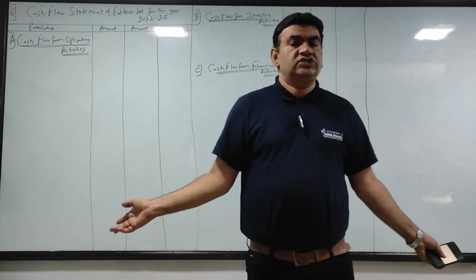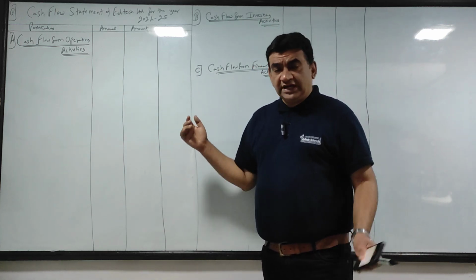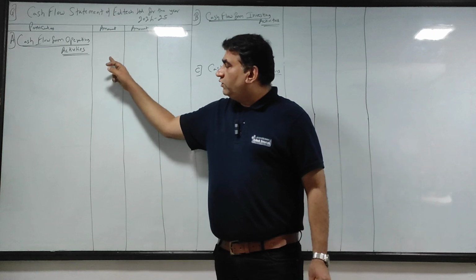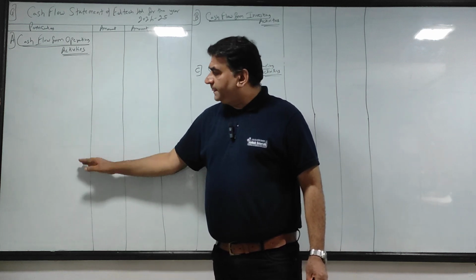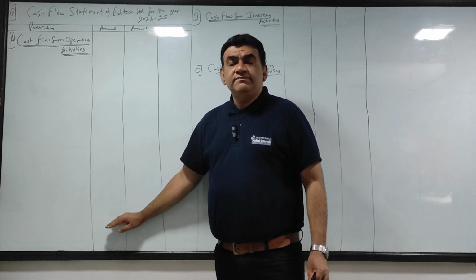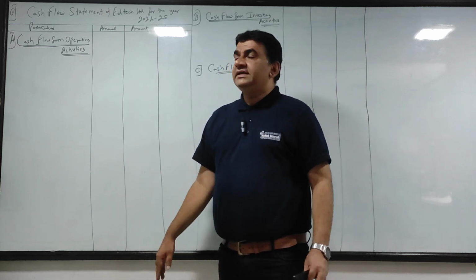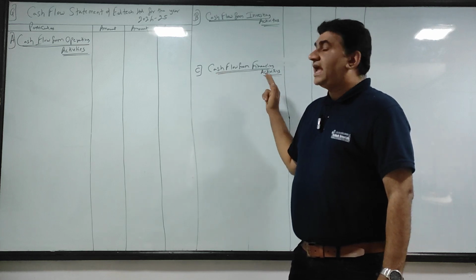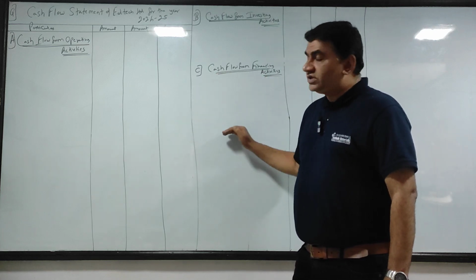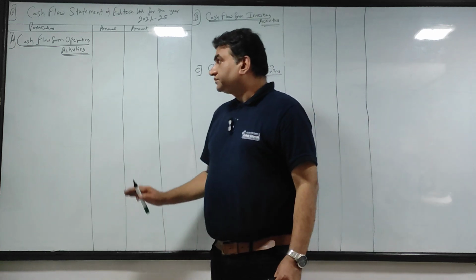If you can manage, you can manage, or you take it in 1.5 pages. Got it? Now I'll repeat. A, cash flow from operating activities, keep around 12 to 15 lines. Below that B, cash flow from investing activities around 4 to 5 lines. And on the next page C, cash flow from financing activities 4 to 5 lines, and after that you need another 3 to 4 lines. Okay, let's go.